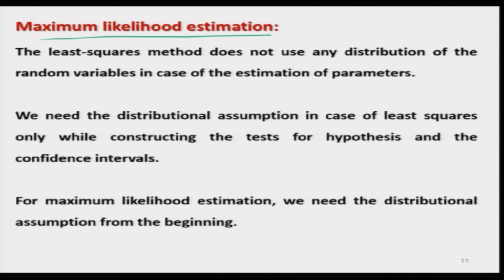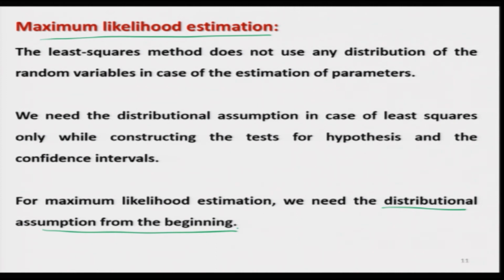Now we consider the maximum likelihood estimation of beta and sigma square, where beta is a parameter vector and sigma square is a scalar. In this case we need the distributional assumption right from the beginning.